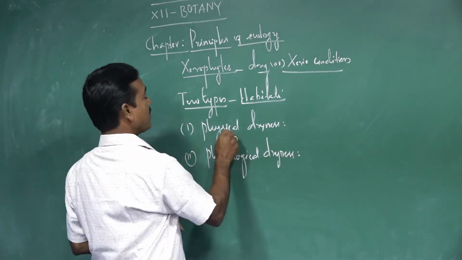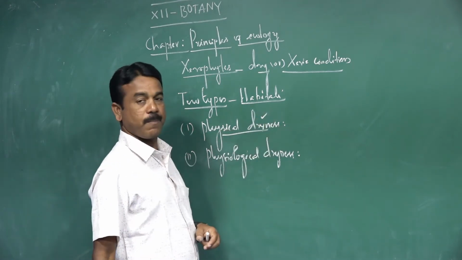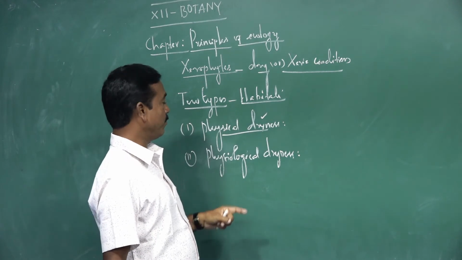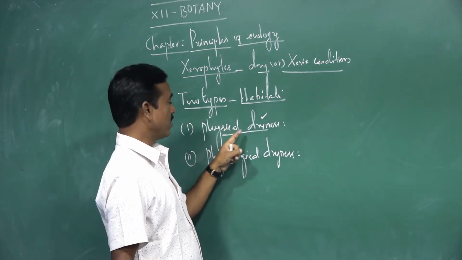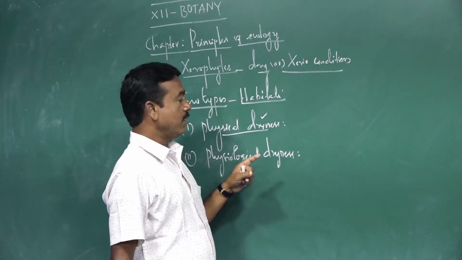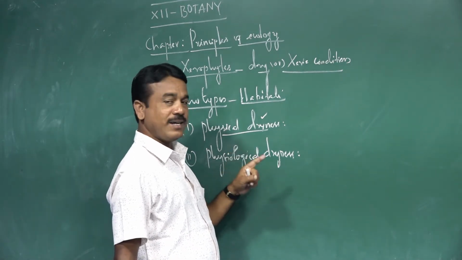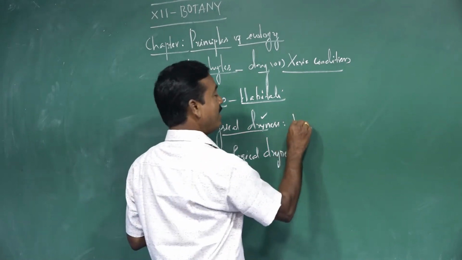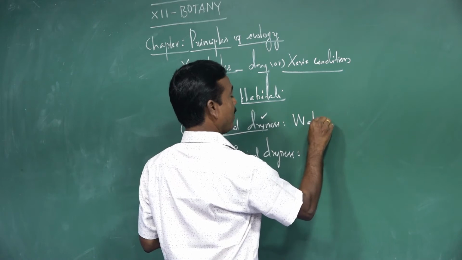So what is the definition of physical dryness? The plants are living in dry or xeric condition. But what is the nature of the physical dryness habitat? The plants are present in a dry condition, but water is not sufficient.